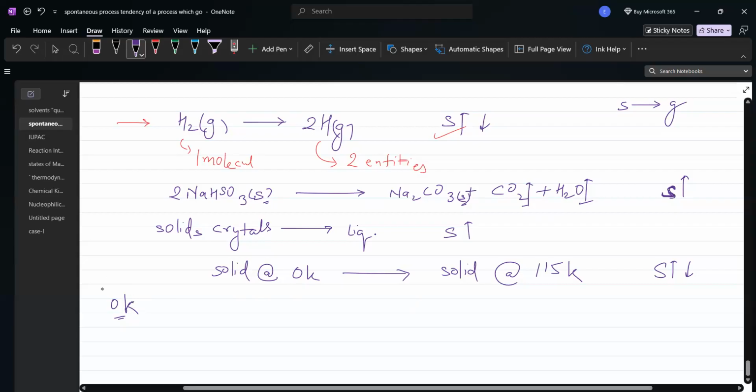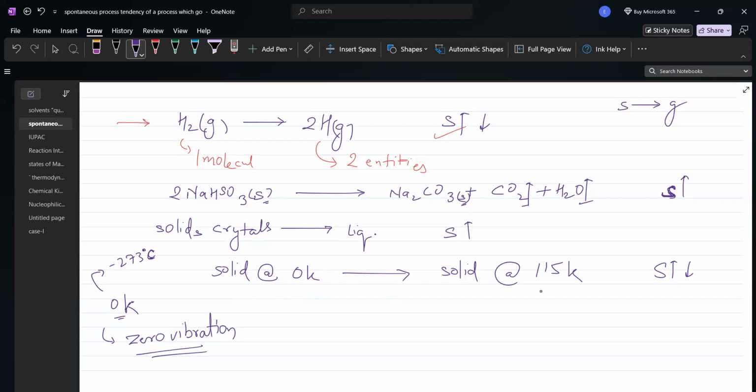In Kelvin, or we can say minus 273 degrees Celsius, we don't go below this temperature. Below this temperature, we assume that there is zero vibration. So at 0 Kelvin, we have zero vibration.